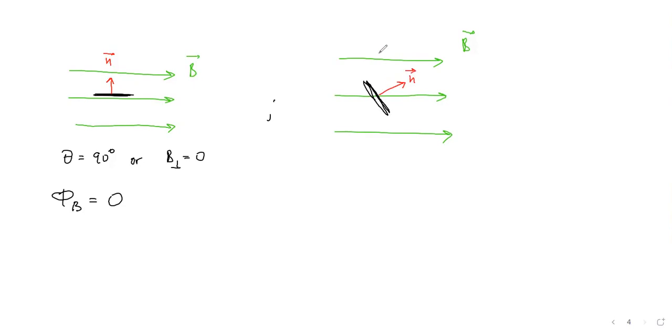Let's say that vector n makes an angle with a vertical line. If the angle theta with a vertical line is 30 degrees, or maybe based on the picture, let's make it 60 degrees. What will be the flux of the magnetic field in this case?